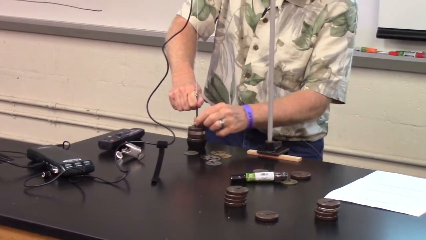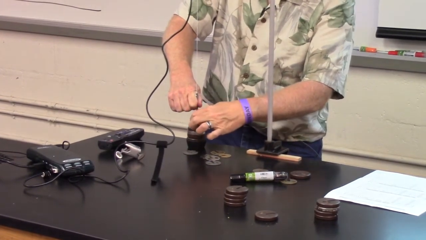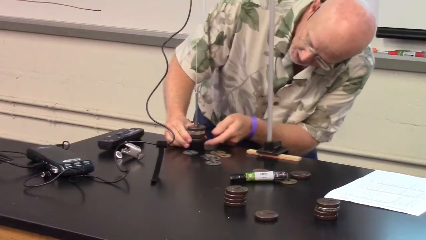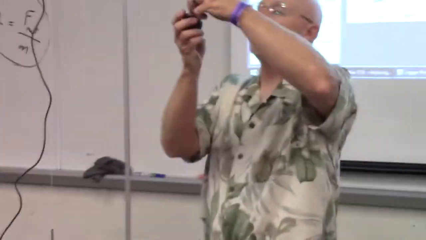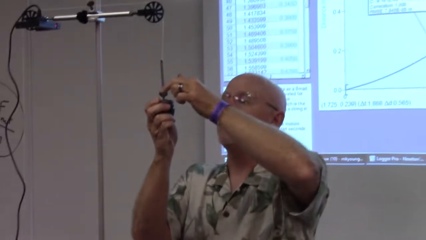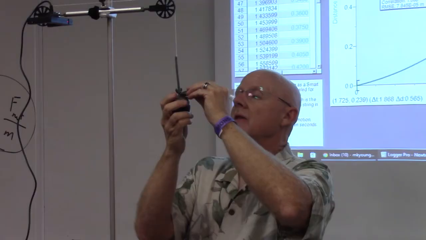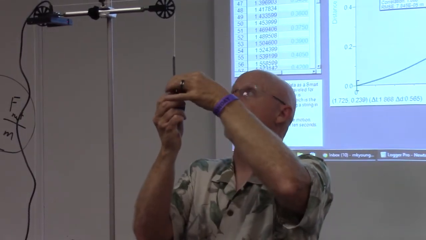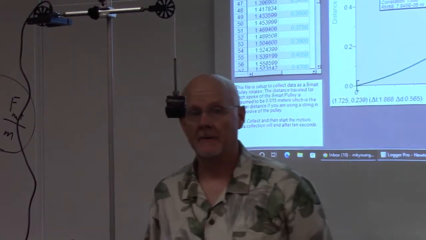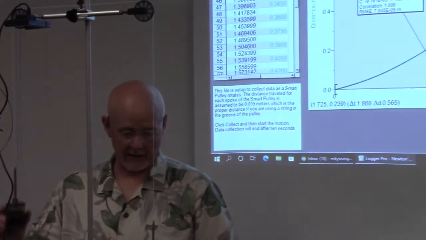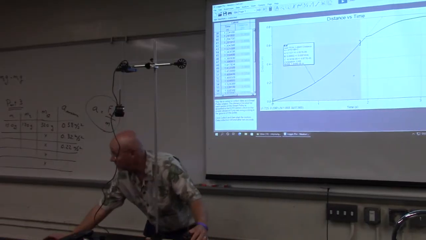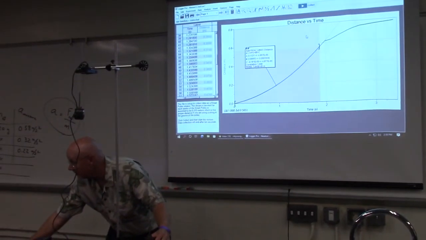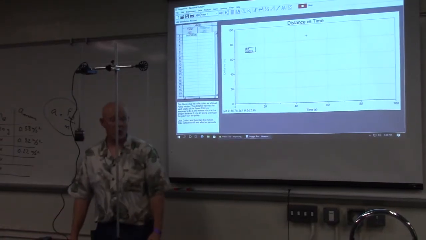Second to last one. I will put another 100 on here, making this 400. 1, 2, 3, 4, and 70. And putting 100 on here, making this 450. And so we're getting a lot of mass now. Should go real slow. I'll hit collect, let it reset, let it go.